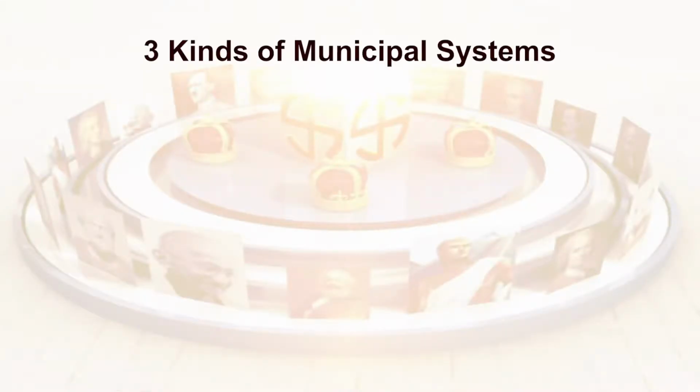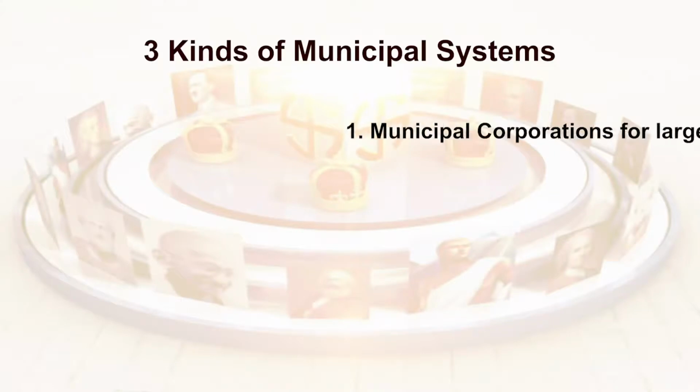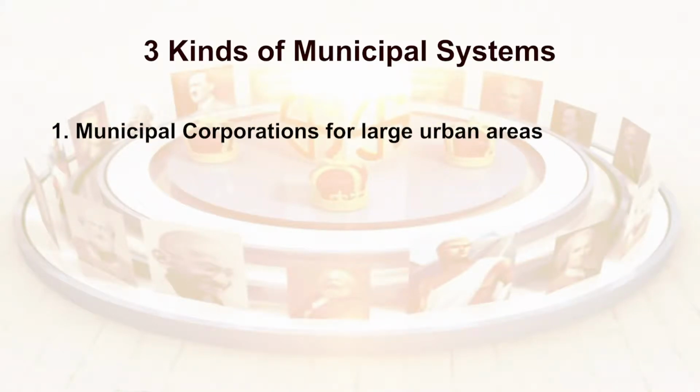By the provisions of Article 243Q, the Constitution mentions three kinds of municipal systems across India, based of course on the number of people they serve. For a very large urban area, for example, Kolkata or Mumbai or Chennai, we have municipal corporations.